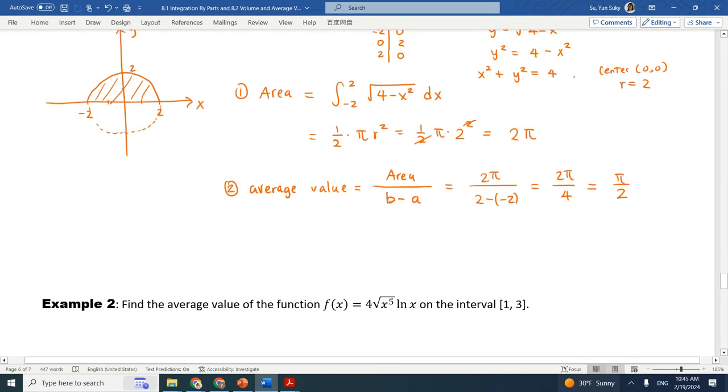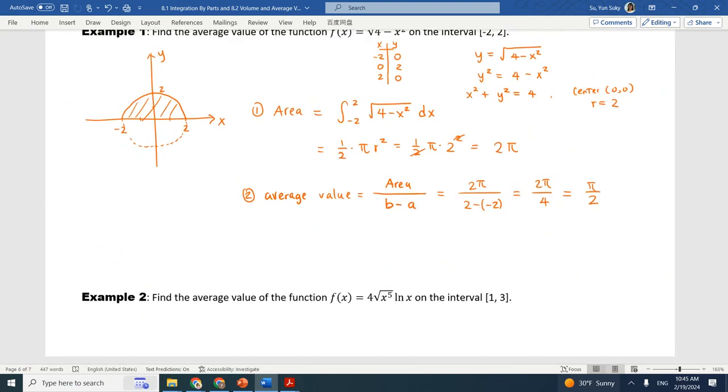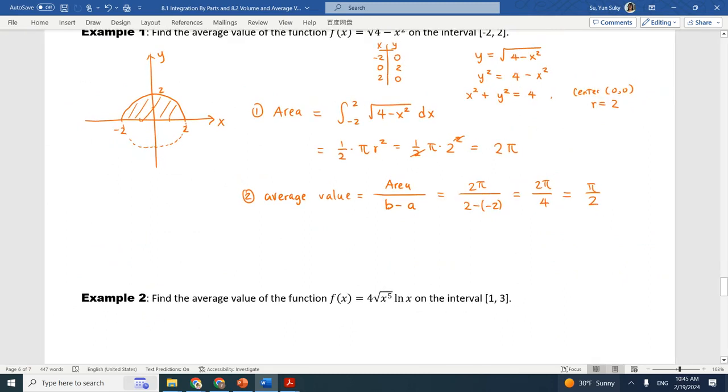Okay? This is example 1. Now you do example 2. That one, find the area first. You need to use integration by parts.